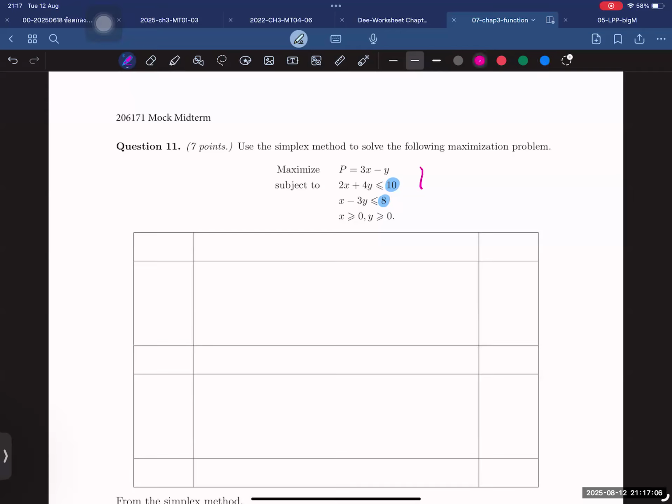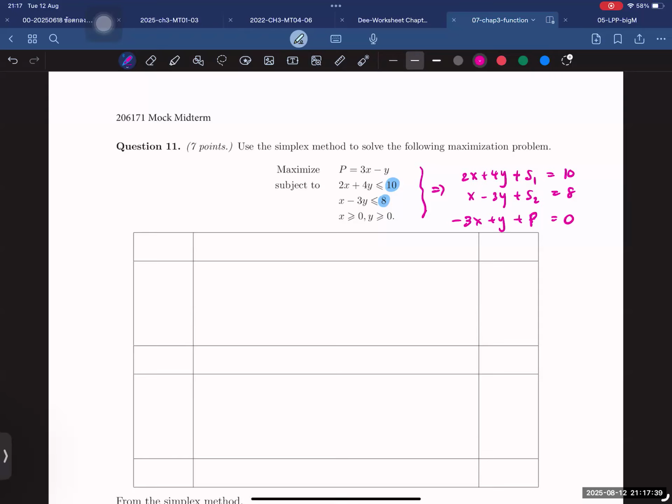So in this case, for the first constraint, we get 2x plus 4y plus something we call S1, which must be equal to 10, right? And the second constraint, we get x minus 3y plus something I call slack number 2, which is equal to 8. And the profit is minus 3x plus y plus p equal to 0.